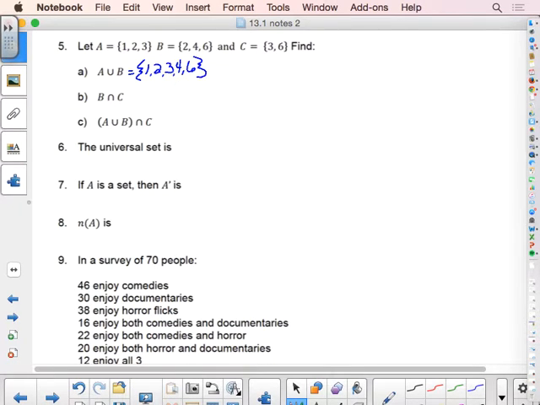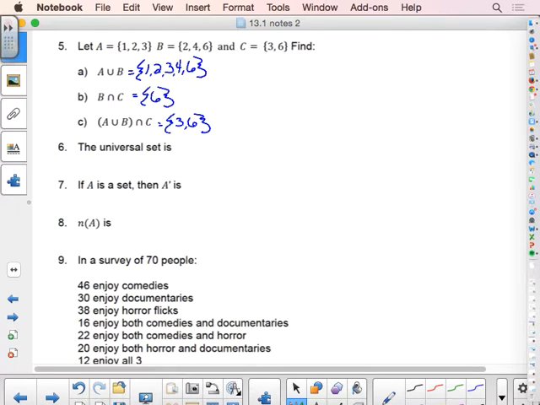The intersection between B and C is simply going to be 6. That's the element contained in both. Then for C, the union of A and B, and the intersection with C will be those elements 3 and 6.